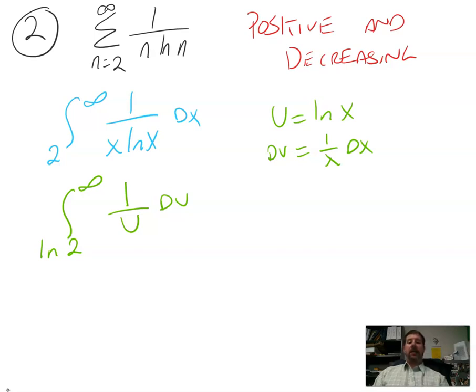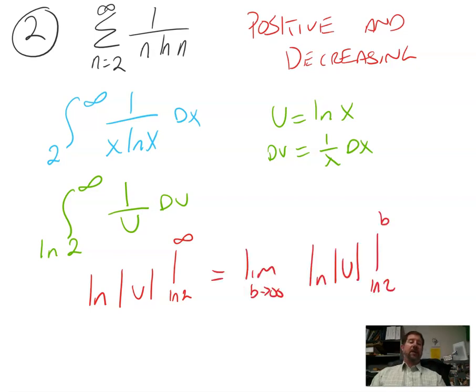And now I'm going to take the antiderivative of that. And we get ln absolute value of u from ln of 2 to infinity. And then again, I'm going to switch to limit notation. So I get the limit as b approaches infinity of ln of absolute value of u from ln of 2 to b. And then I'm going to use the fundamental theorem.